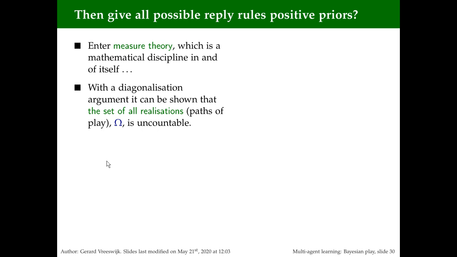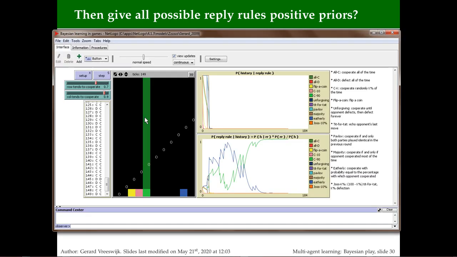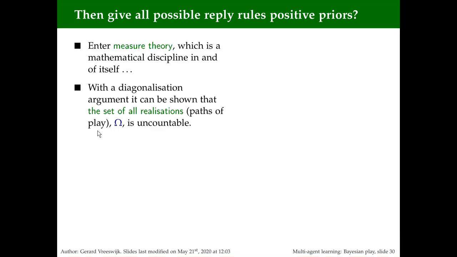So it can be shown that the set of all realizations, so this is one particular realization here, the set of all infinite realizations of all play paths is of course uncountable, and you can easily show it with a diagonalization argument. So the set of all play paths is uncountable.